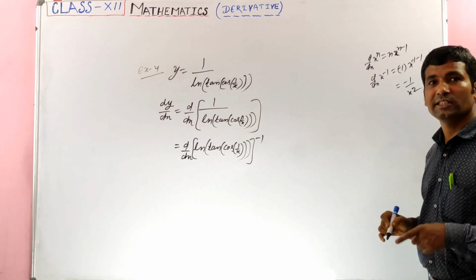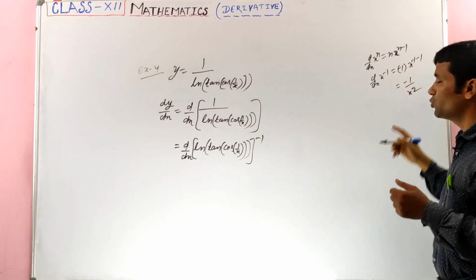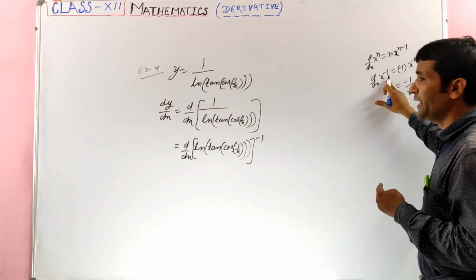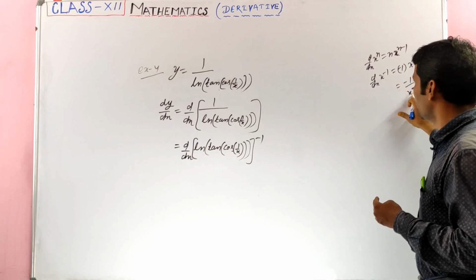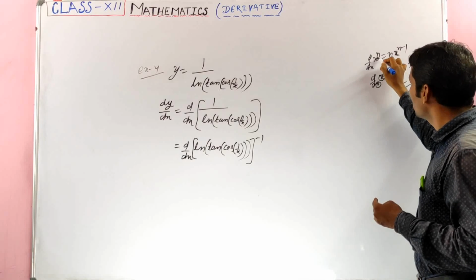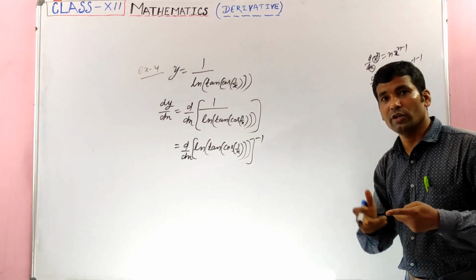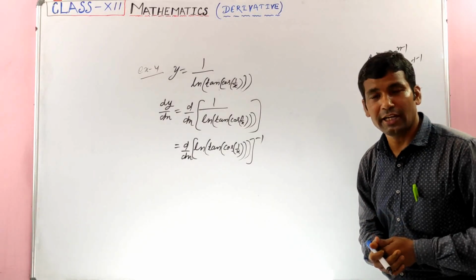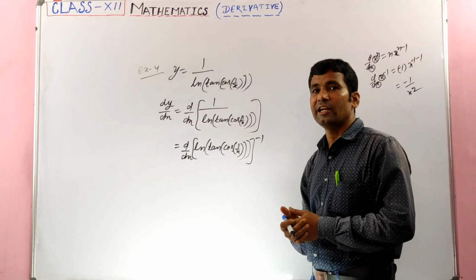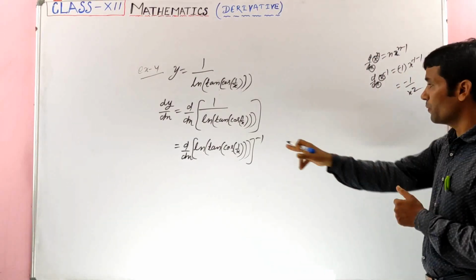So the derivative of 1 by x is minus 1 by x squared. Here, this and this variable are equal. If not, we have to do some extra derivative, which is known as the outside-inside rule. Here, write the formula directly.